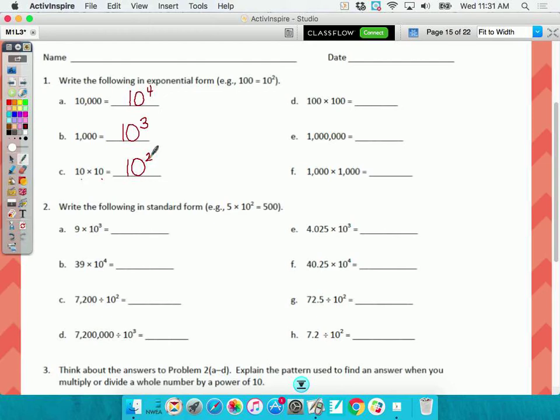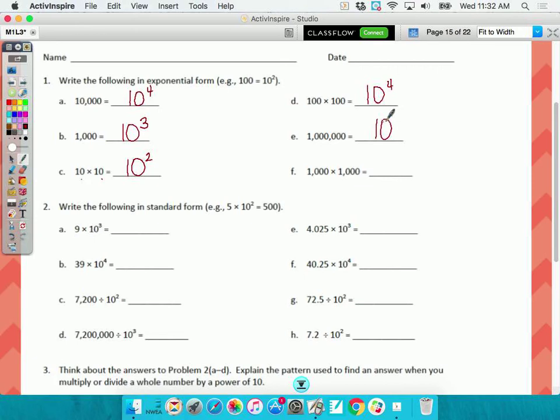Okay, D. Rustin. What do you think D is? 10 to the what power? 4th power. You guys agree? Yes. Okay. E. Caden? 10 to the 6th power.